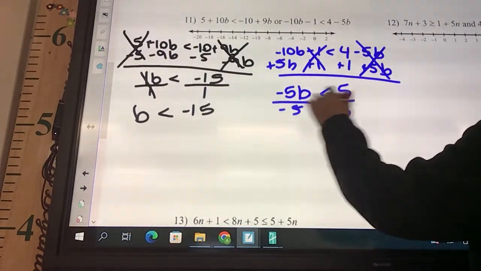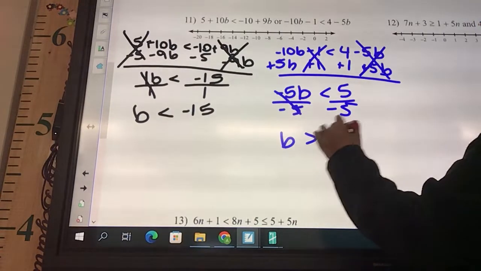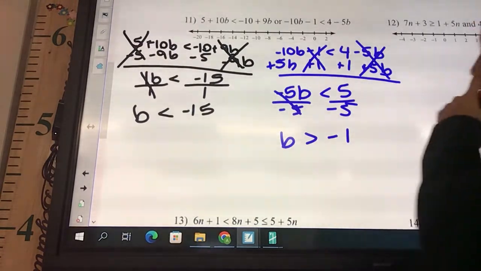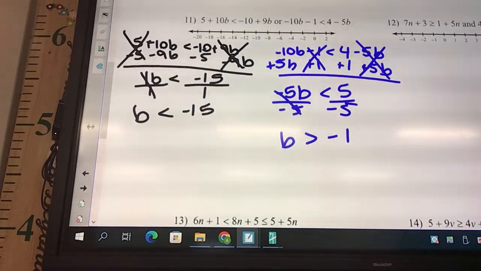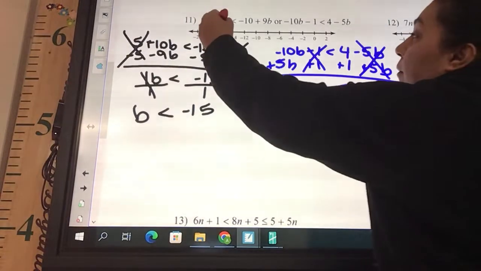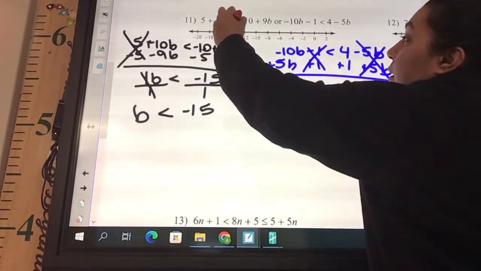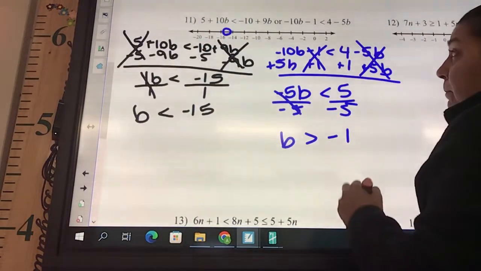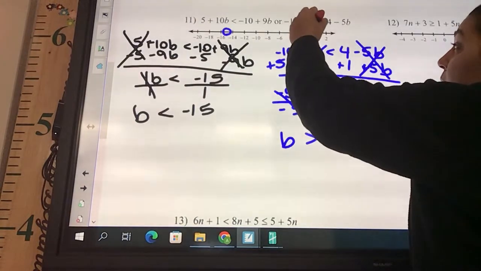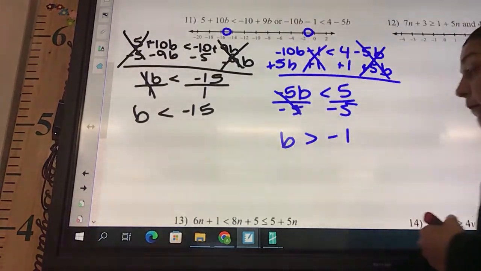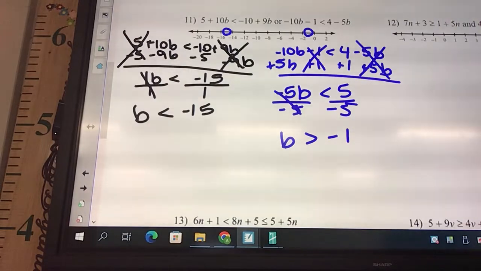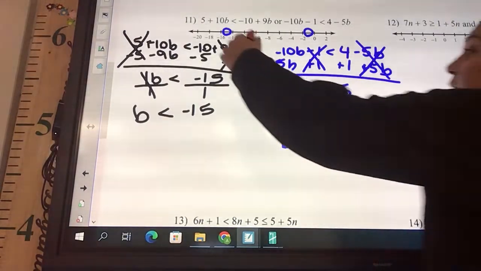Yeah. Okay, on the 15, is that open or closed? It's open. Open, and the negative 1. It's open. Okay, is it going to be in or out? Out.